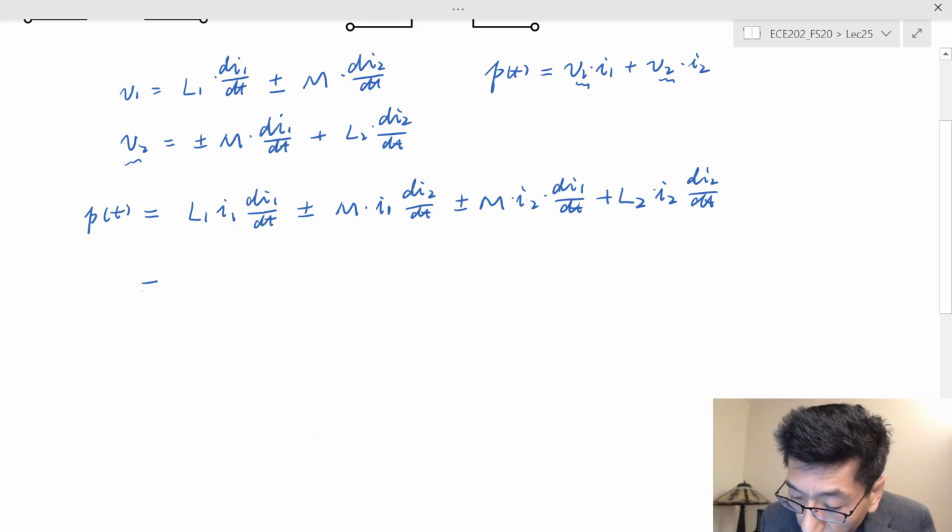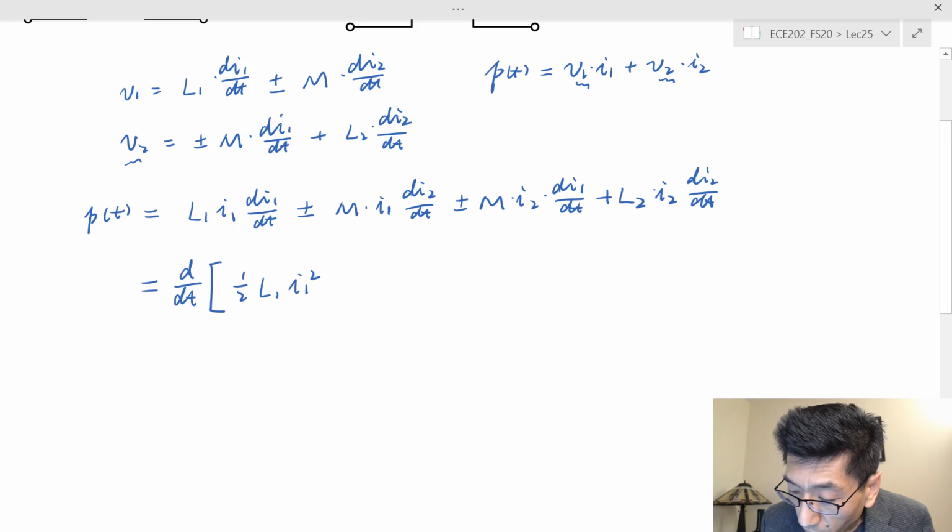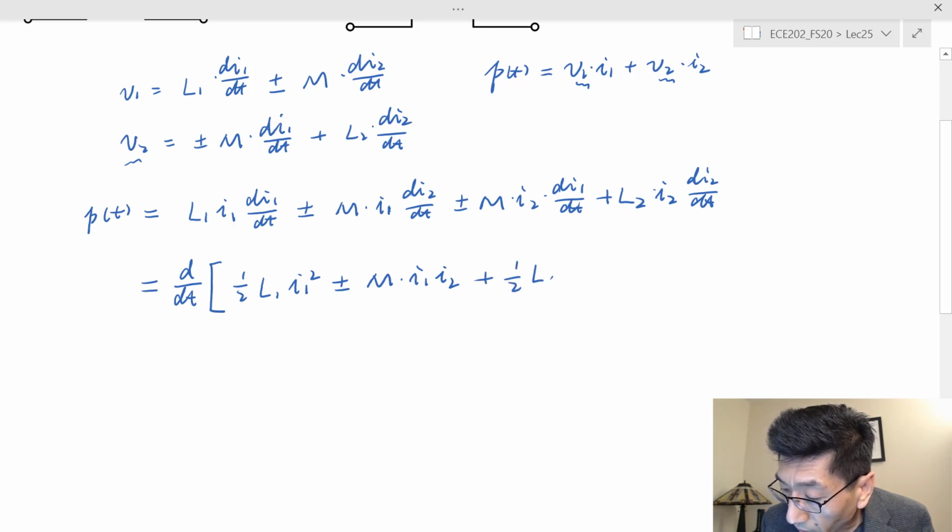And alternatively, I can write this as the derivative of the whole thing, and then I get half L1 I1 squared plus or minus M I1 times I2 plus half L2 I2 squared, right?